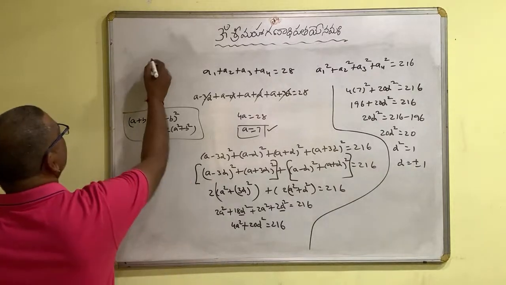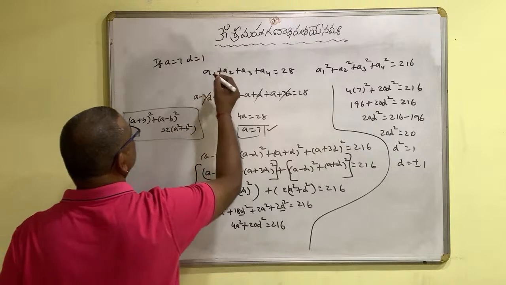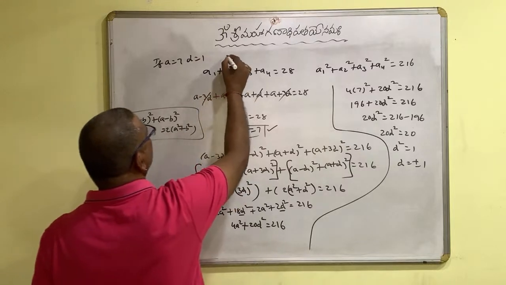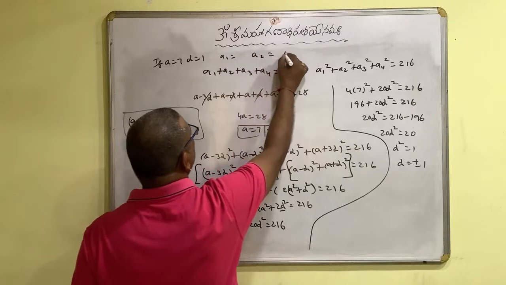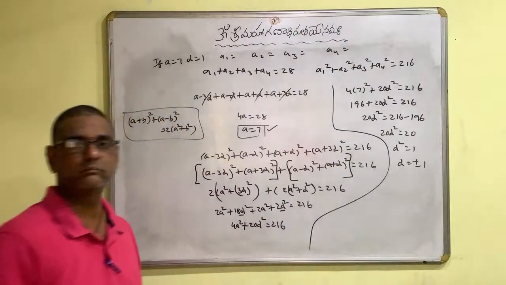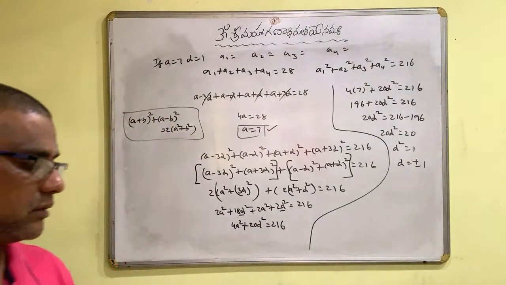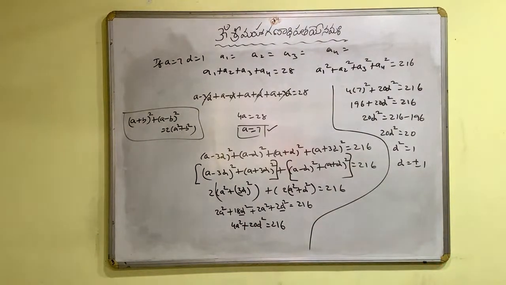Now consider, if A is 7, D is 1, then write the 4 terms. Write A1, A2, A3, A4. First, consider A is 7, D is 1. Then what is A1?